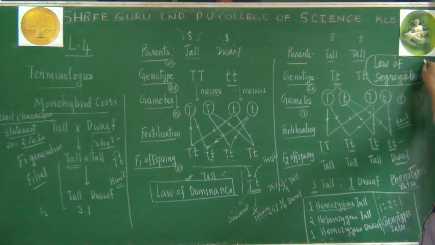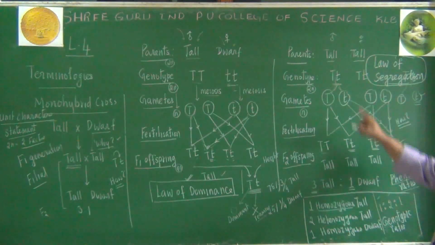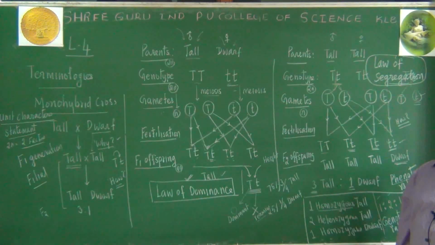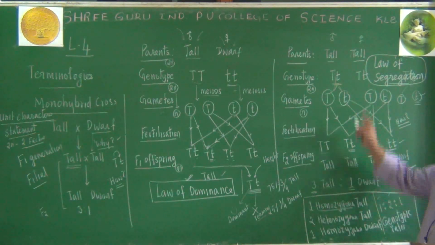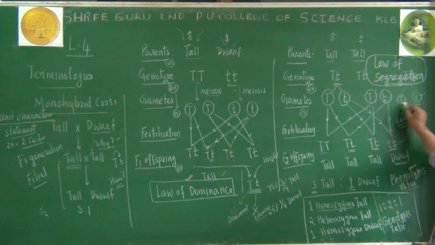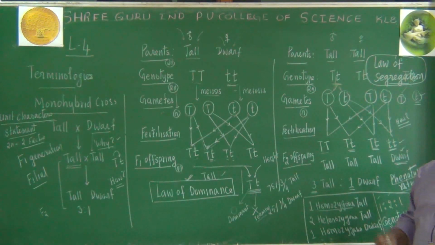Remember the word segregation. Segregation means separation. The alleles of a particular character, whether they are in homozygous or heterozygous, will separate during gametogenesis and enter into different gametes. That will make them express dwarfness or the recessive character in the F2 generation.